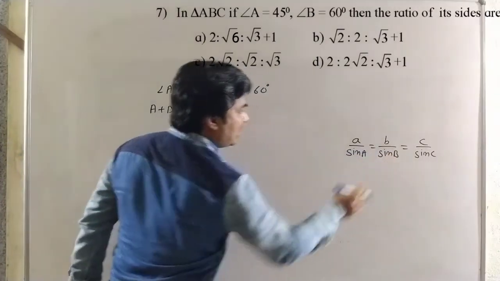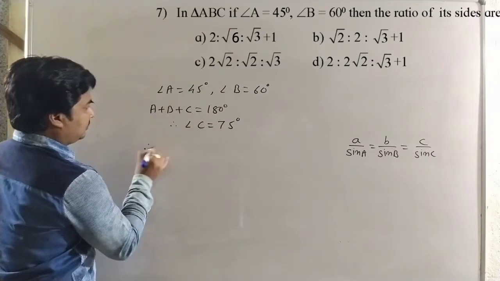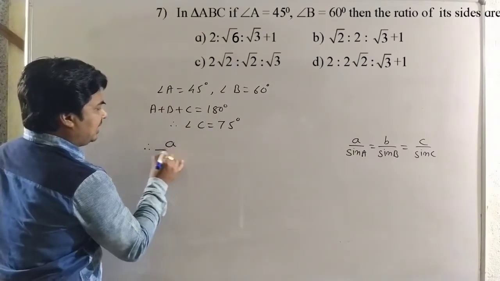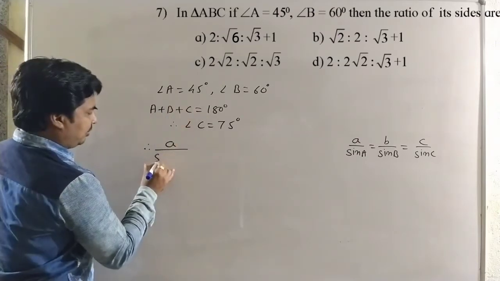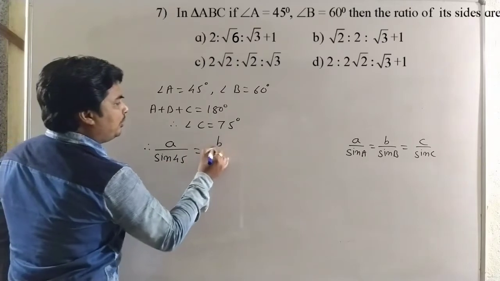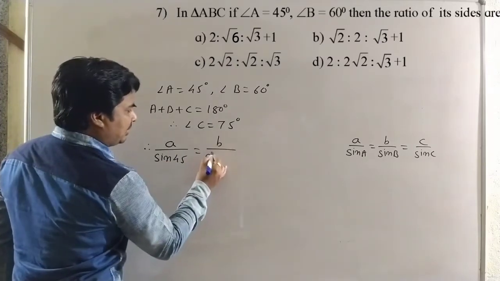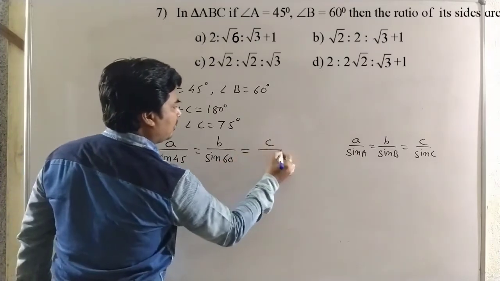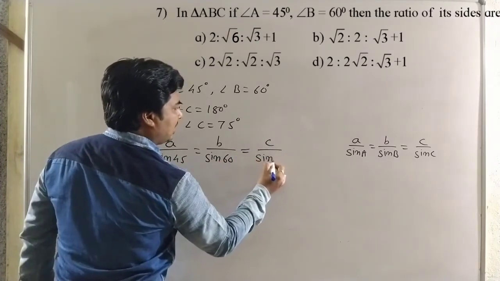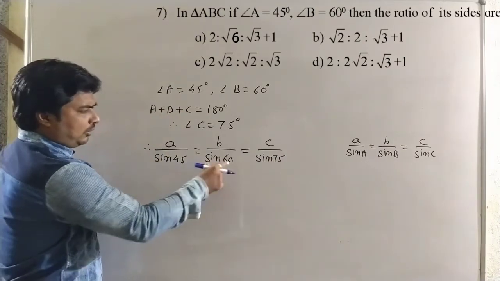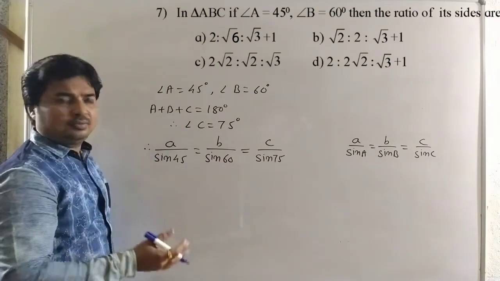Then by using the sine rule, we write a upon sine A, sine 45, is equal to b upon sine 60, and is equal to c upon sine 75.